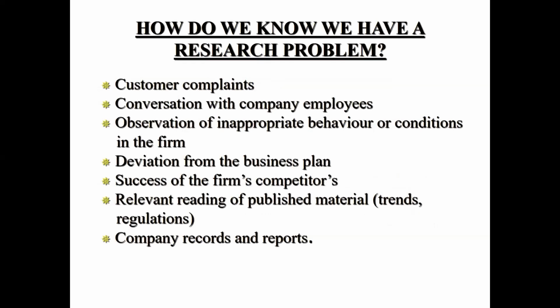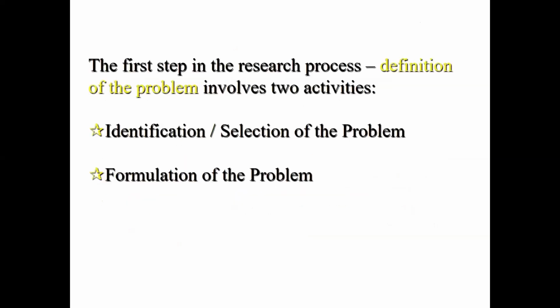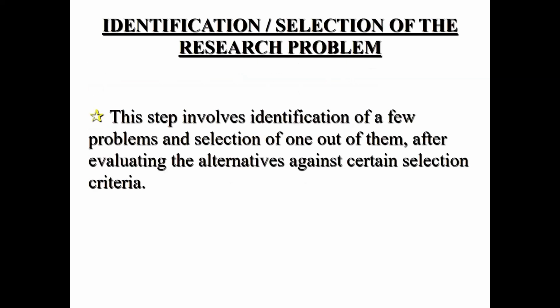The first step in the research process, definition of the problem, involves two activities: identification and selection of the problem, and formulation of the problem. This step involves identification of a few problems and selection of one of them after evaluating the alternatives against certain selection criteria.